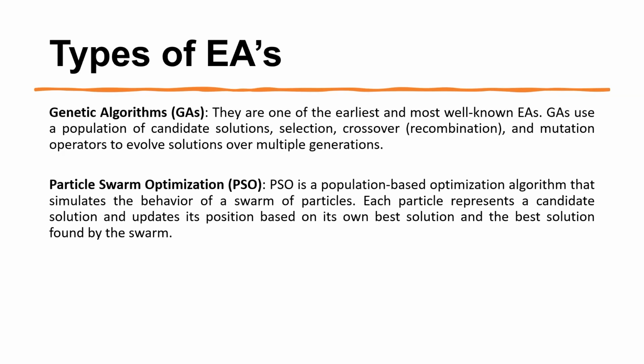And the next is particle swarm optimization, a population-based optimization algorithm that simulates the behavior of a swarm of particles. Each particle represents a candidate solution, and it updates its position based on its own best solution and the best solution found by the swarm of particles. That is one of the most used evolutionary algorithms as well.